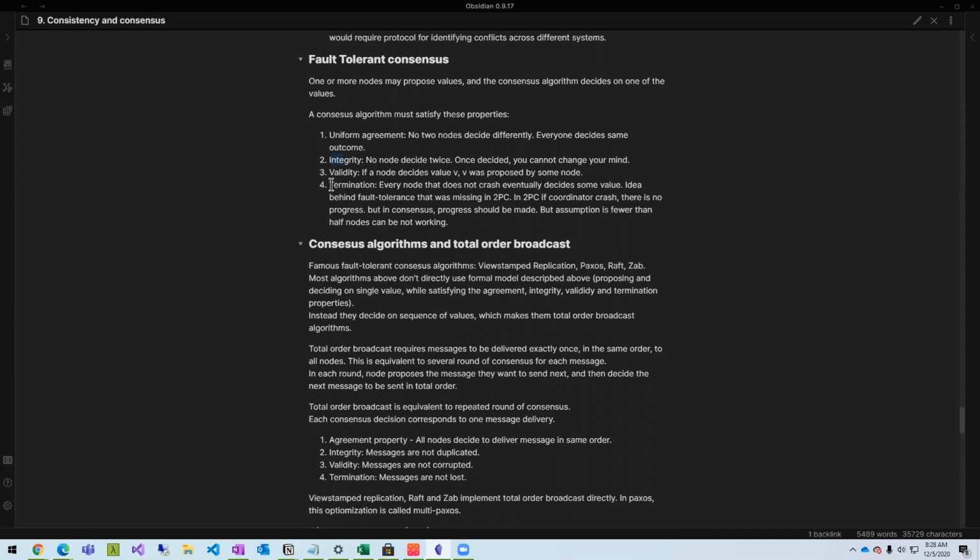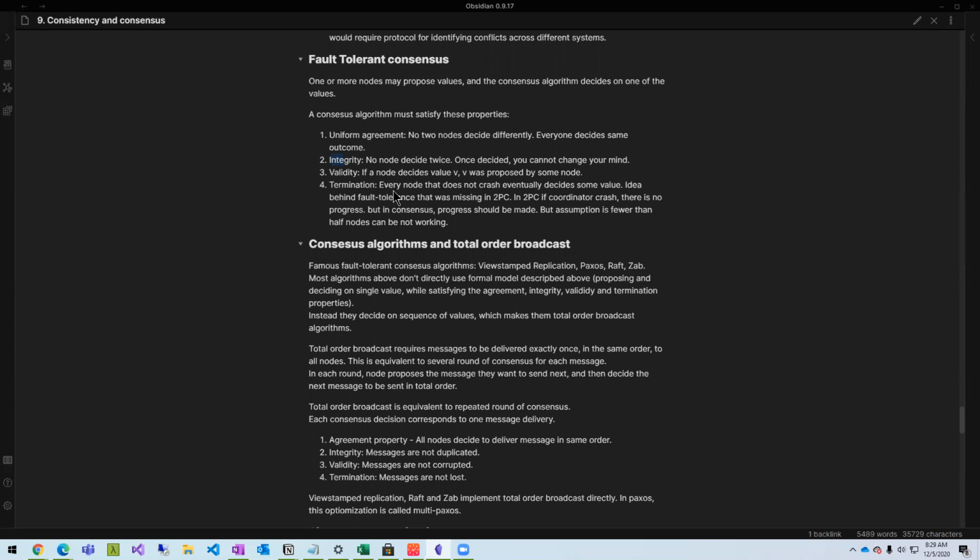The termination property says that, basically this termination property is related to fault tolerance, that even if a node may crash, eventually the system decides some value. And this is what makes it different from two-phase commit.